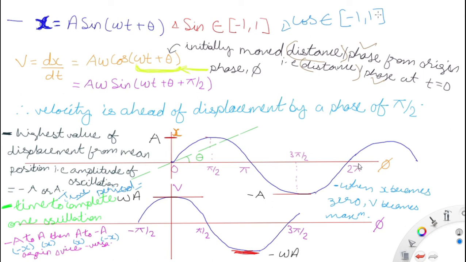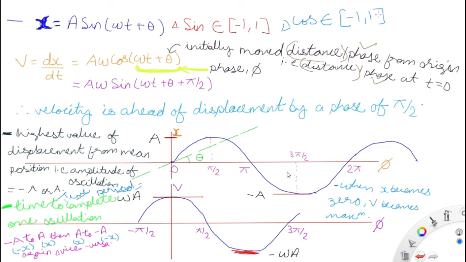When x becomes 0, v becomes maximum, and when x becomes maximum, v becomes 0. So displacement and velocity are vice versa.